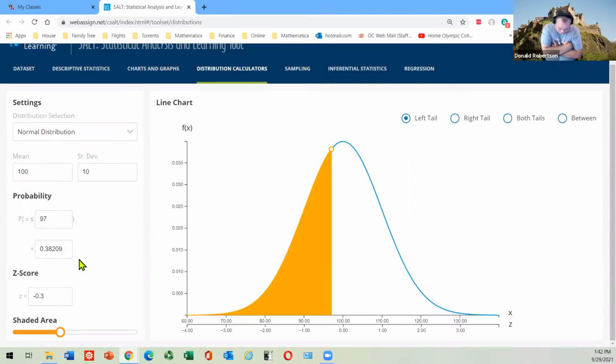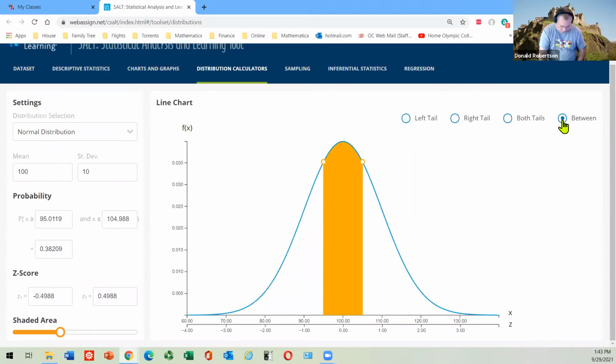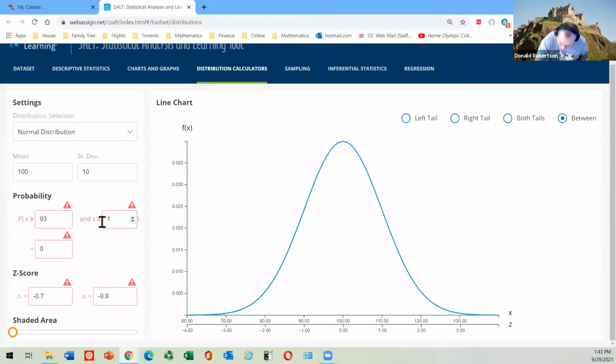And the third question I had was a between one. So you want IQs between 93 and 101. So over here, you always put the small one, and then over here you put the bigger number.